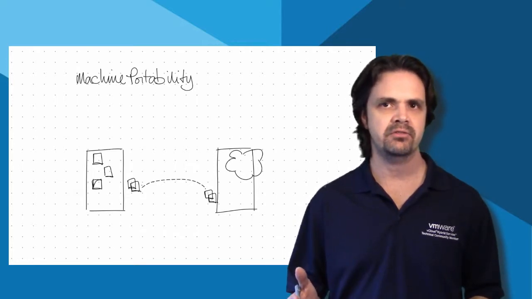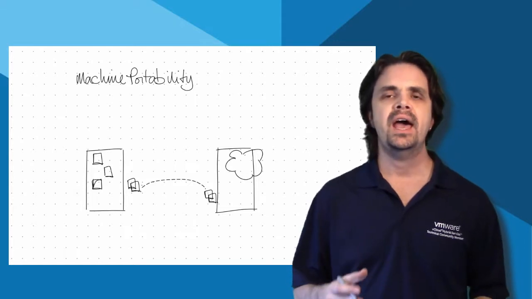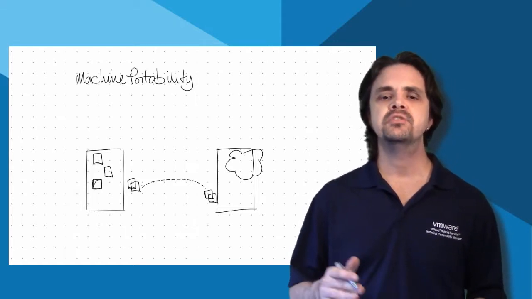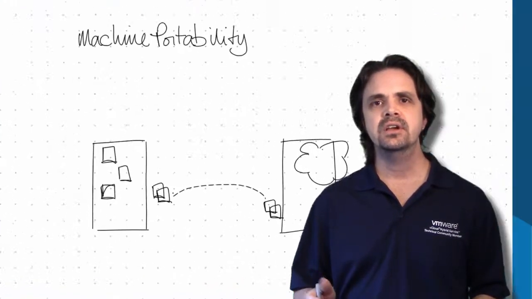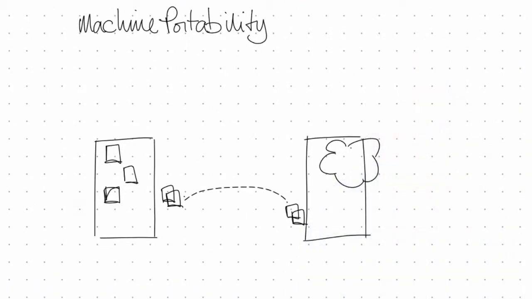of those operating systems. If we want to look very quickly at the fundamentals of machine portability, let's give kind of a 101 into that. So we see here we've got a data center and we've got what could be a virtual private cloud or a dedicated cloud. It really wouldn't matter for this conversation.